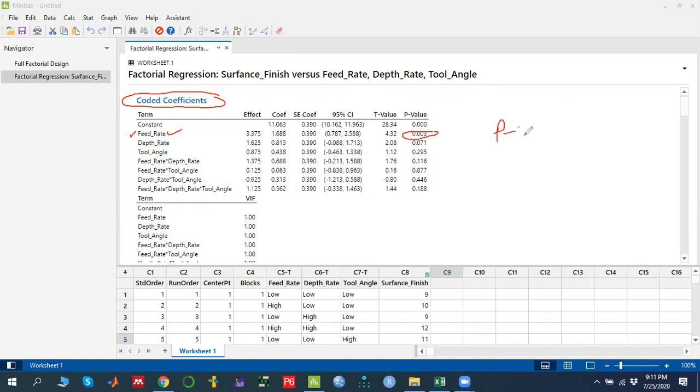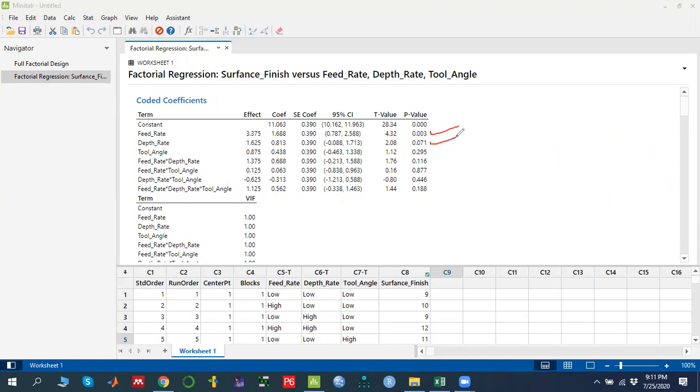If the p-value is less than 0.05, we are considering the alpha value 0.05. That means I am 95% confident about my decision. That also indicates that there is a 5% error in my decision, which is pre-decided, which is alpha. So my feed rate is a significant factor. That means feed rate is significantly affecting the surface finish while we are shifting from low to high.